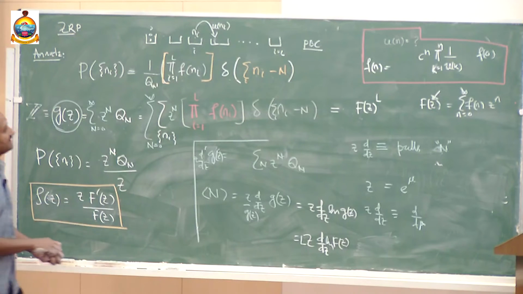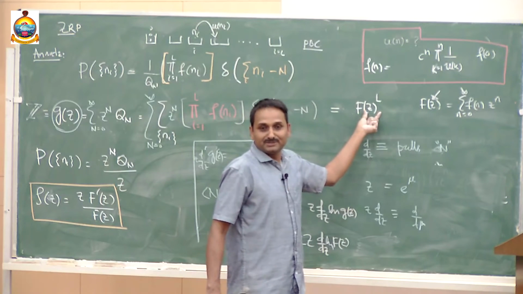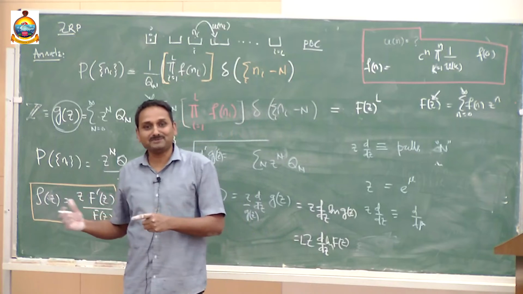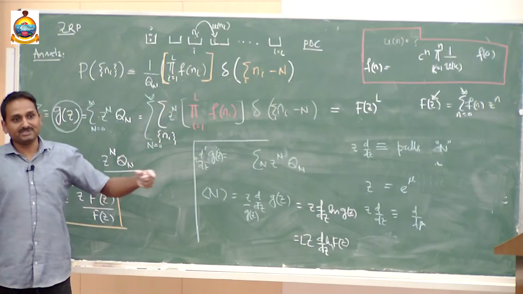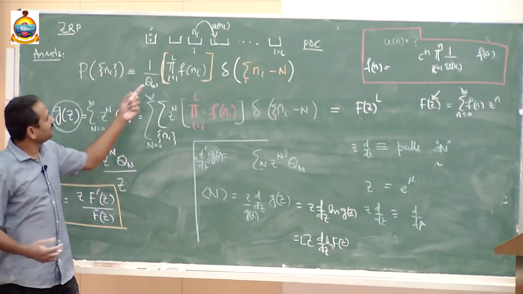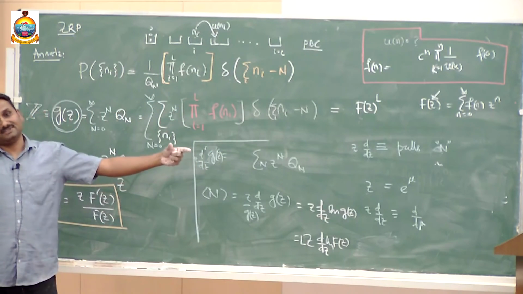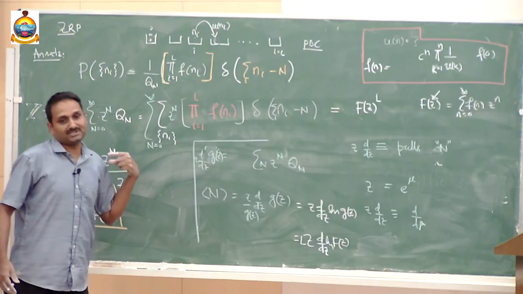Now look at f(z). f(z) is as if it is a partition function for a single site. The calculation becomes simpler because this is a product; because this restriction you have taken away, it just becomes a completely independent product. So this is just the partition function of one site, and L naturally comes out.